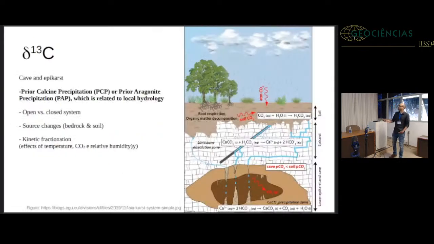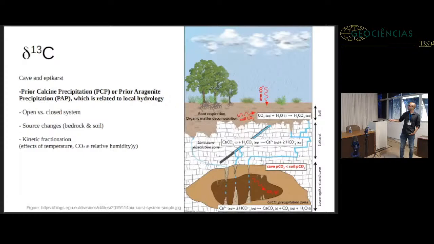I'll go quickly through each one of these. So first, what's pre-calcite precipitation? Pre-calcite precipitation or pre-aragonite precipitation is all the calcite or aragonite which was precipitated before your stalagmite. We have the seepage solution going on here, dissolving your limestone and putting calcium in solution. Then you have the dripping water here, where you start to precipitate your stalagmite.